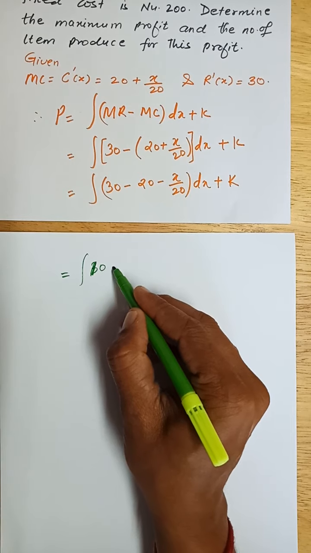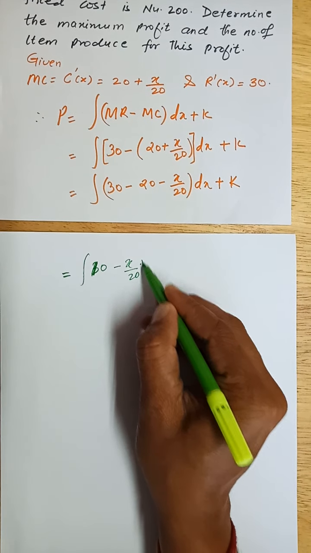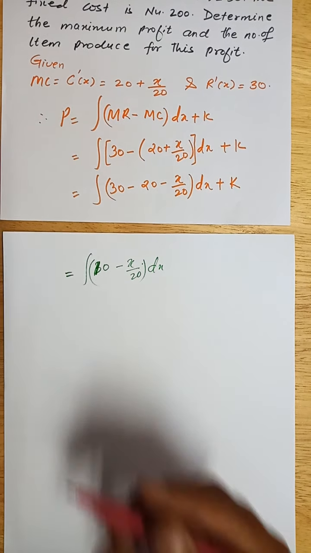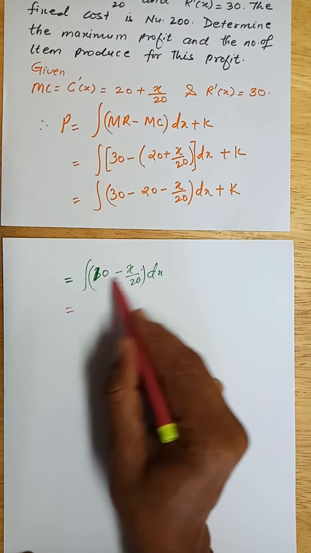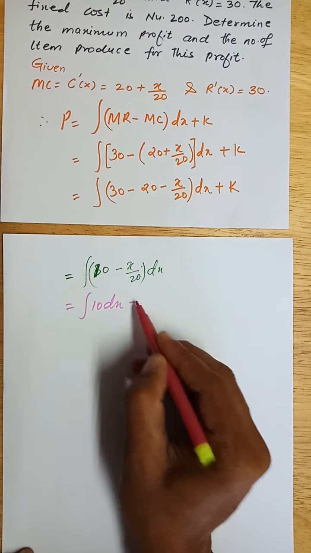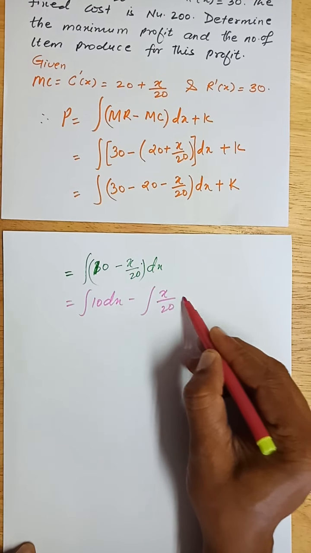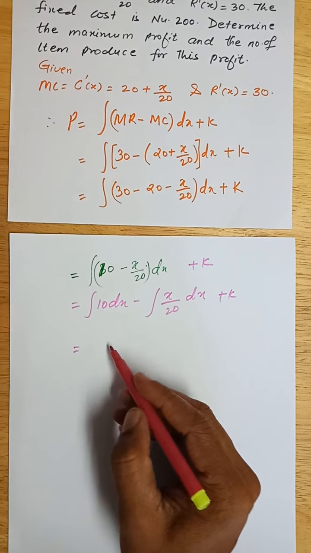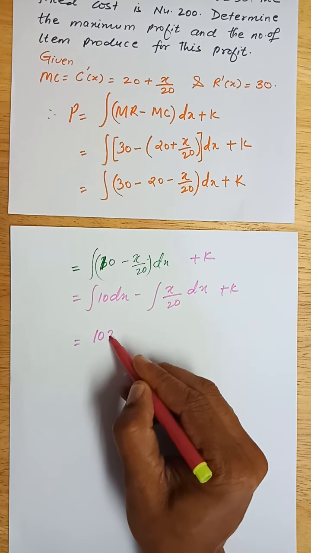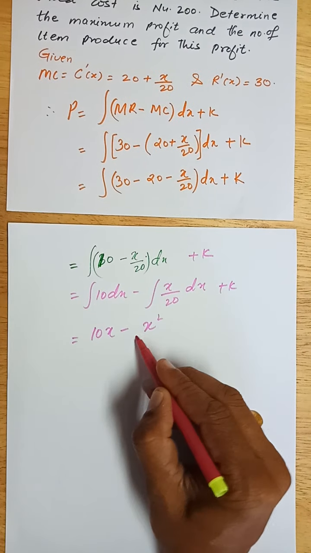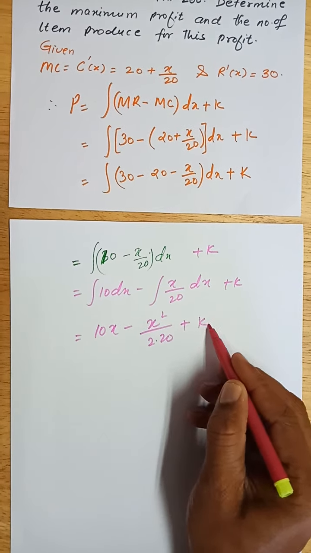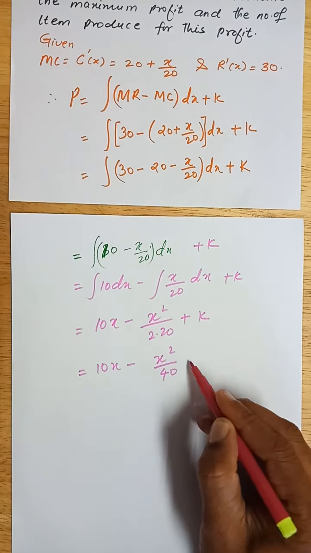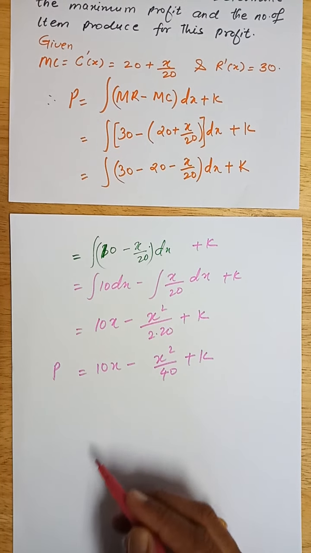So you can write 10 minus x divided by 20 dx, which is equal to integration of 10 dx minus integration of x by 20 dx, plus K. Plus K has to continue, so which is equal to 10x minus x squared divided by 2 times 20, plus K, which is equal to 10x minus x squared divided by 40 plus K. So this is your profit function.